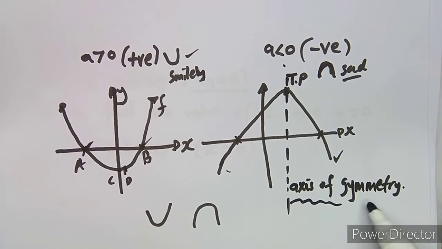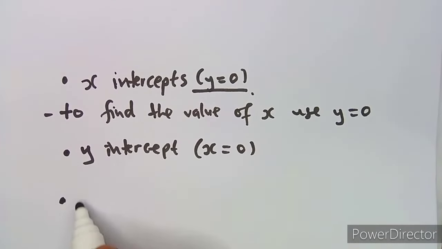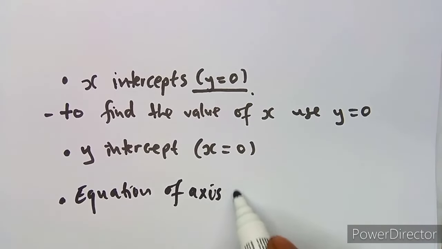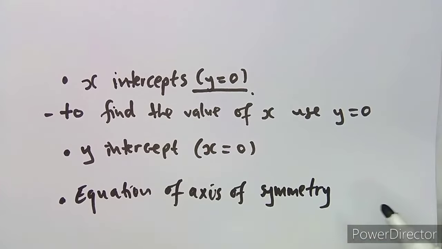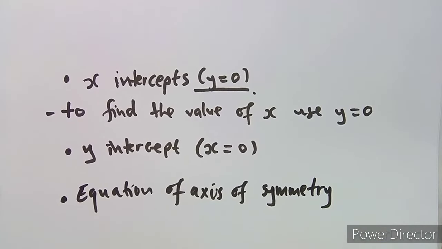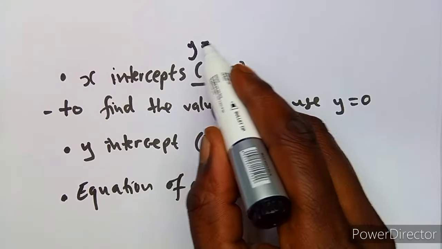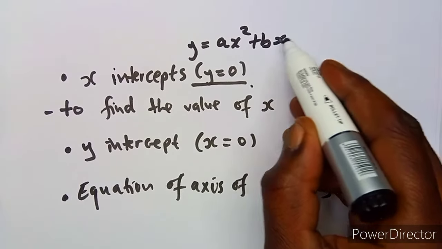So how do you find the equation of the axis of symmetry? This one is an equation, all right? The equation can be determined from y equals ax squared plus bx plus c.